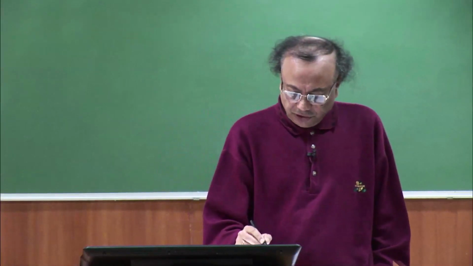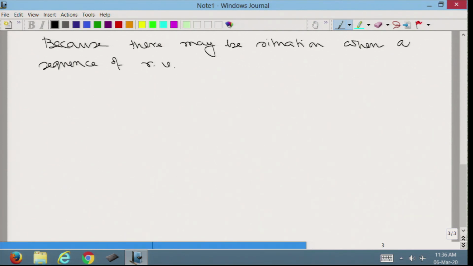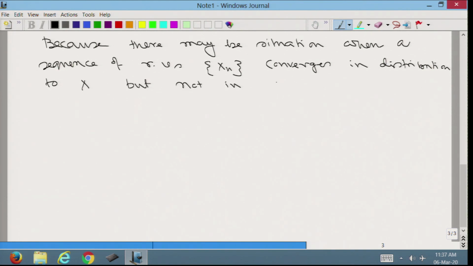Why? Because there may be a situation when a sequence of random variables x n converges in distribution to x, but not in probability.